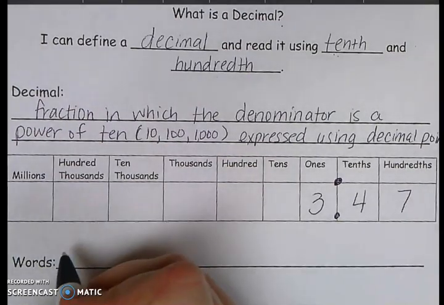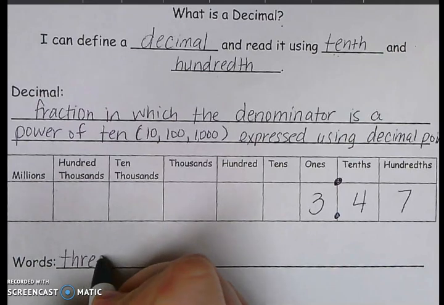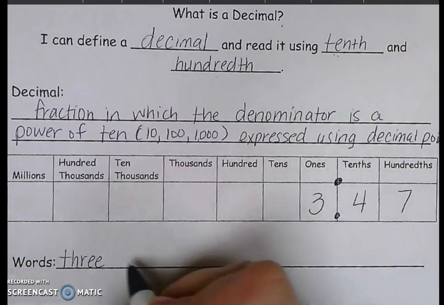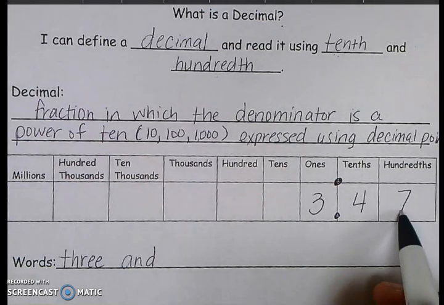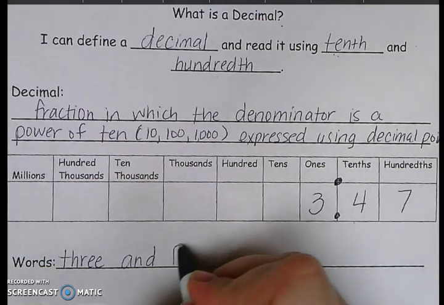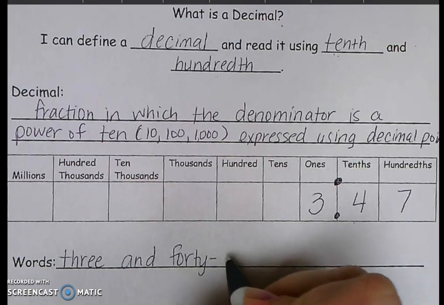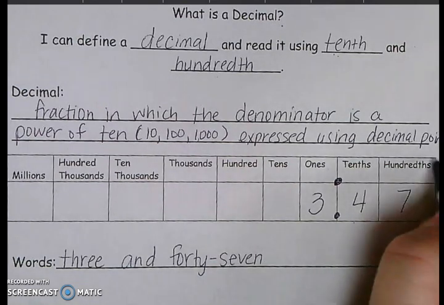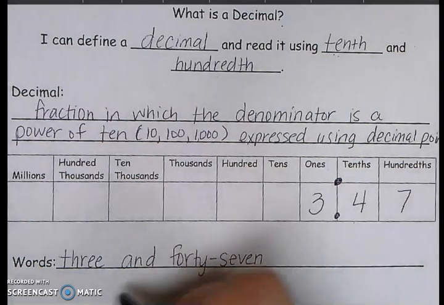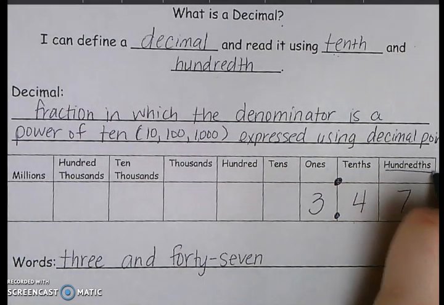The way I would read this would be 3. When I get to the decimal point, I would use the word and. So 3 and then I would say what this number is. So this would be 47. 3 and 47, and then whatever my last place is. So 3 and 47 hundredths.